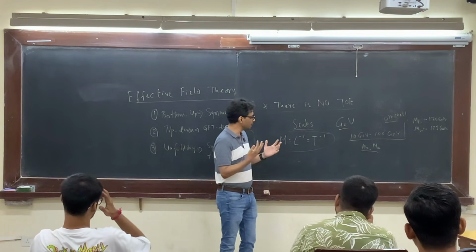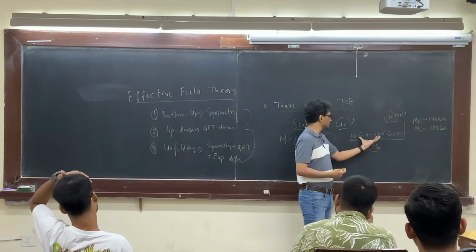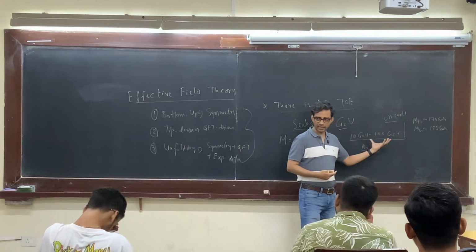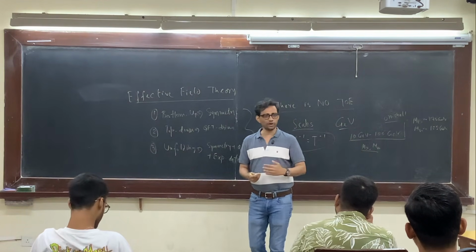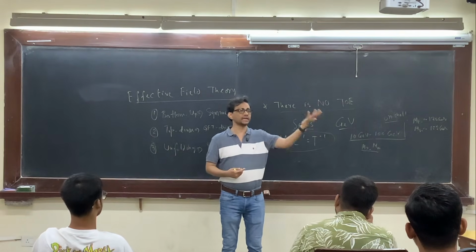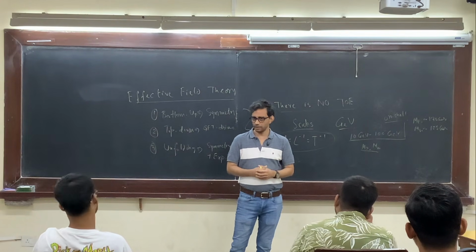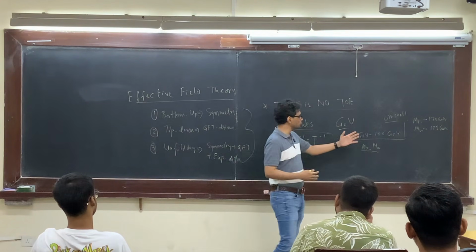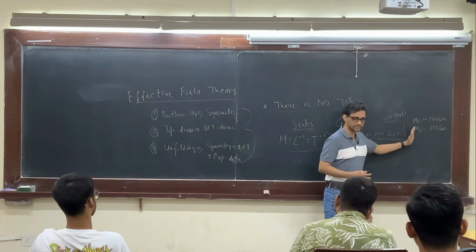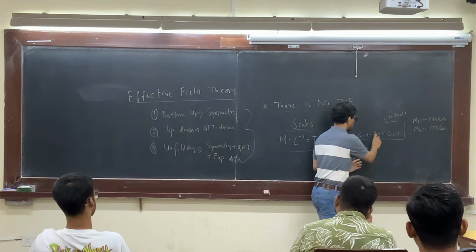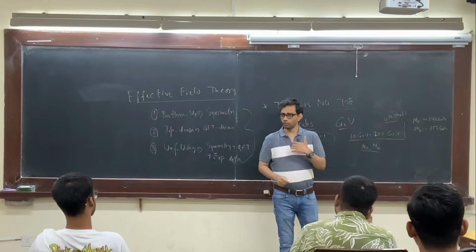For example, if I construct an effective field theory within this domain, certainly that theory cannot be extended beyond 100 GeV. Similarly, if I have to stretch this, let's say from 100 to 200 GeV, what do I have to do?